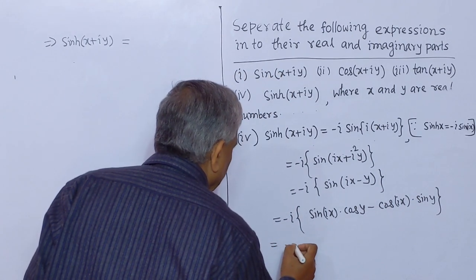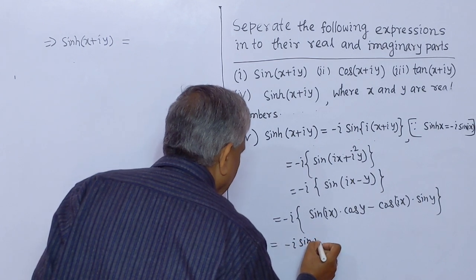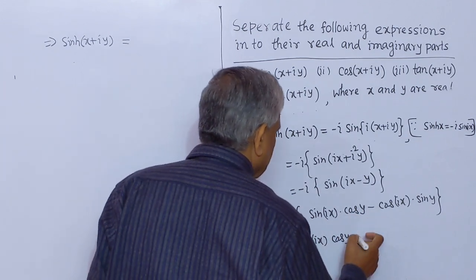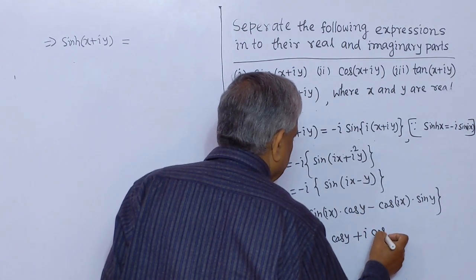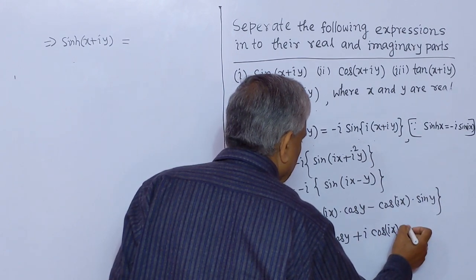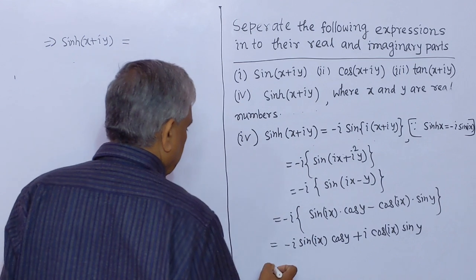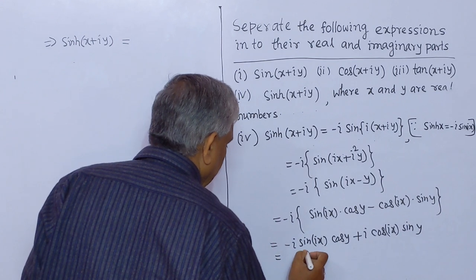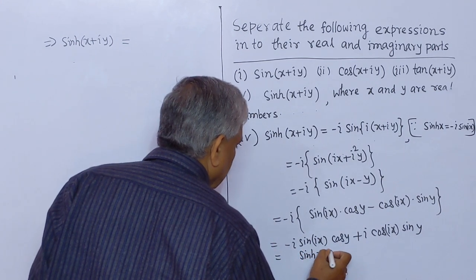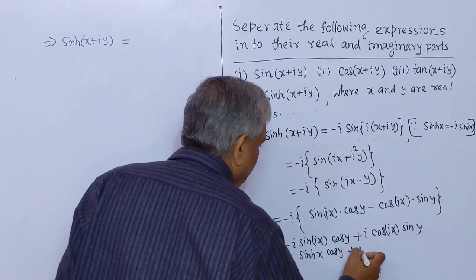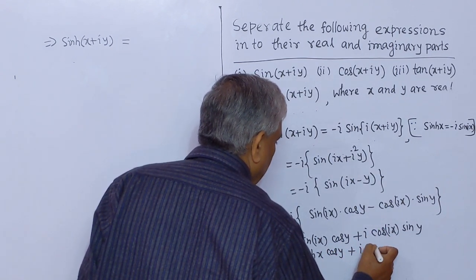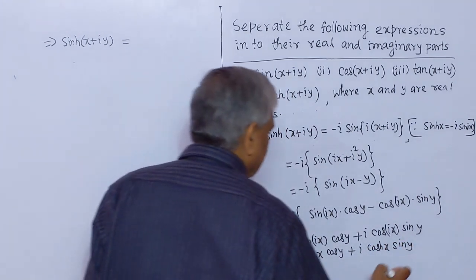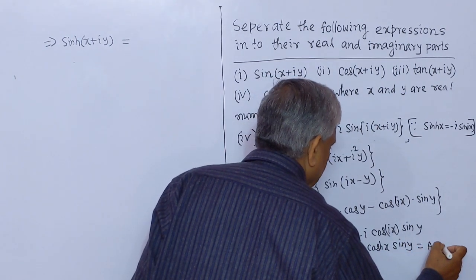This is equal to minus i sin ix cos y minus minus plus i cos ix sin y, and minus i sin ix is sin hyperbolic x cos y plus i cos ix is cos hyperbolic x sin y, and this is of the form A plus iB form.